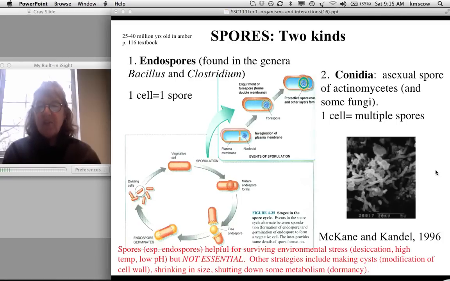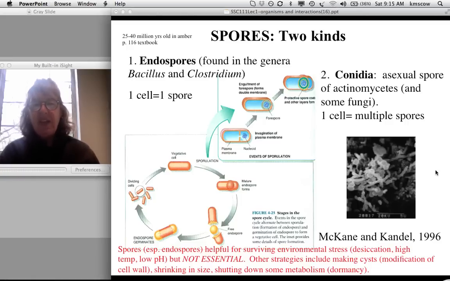There's some other strategies than just spores for surviving extreme conditions, and sometimes it's just some changes in the composition of a cell. They'll create more resistant cell walls, or shut down some of their activity, so that they don't require much energy to survive.